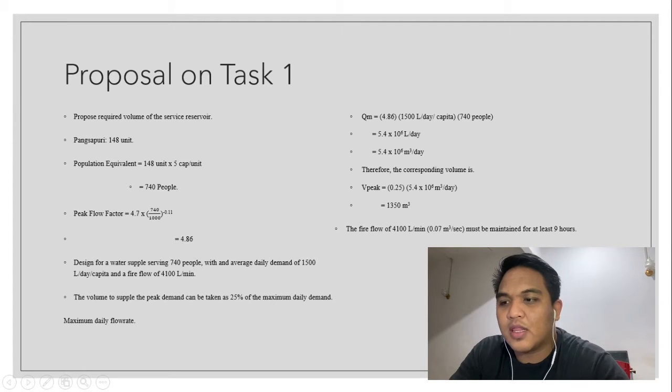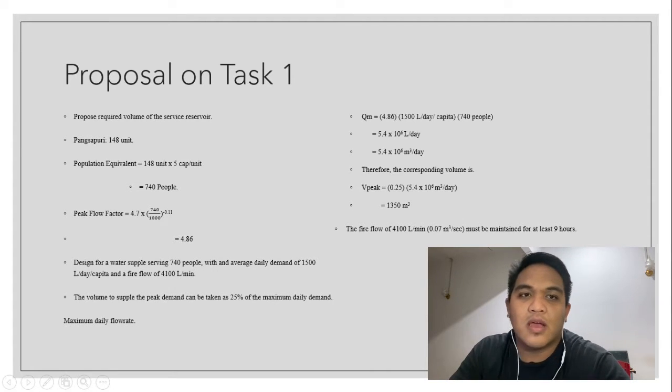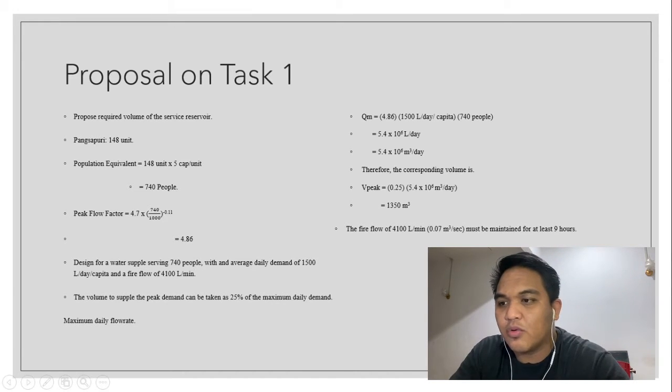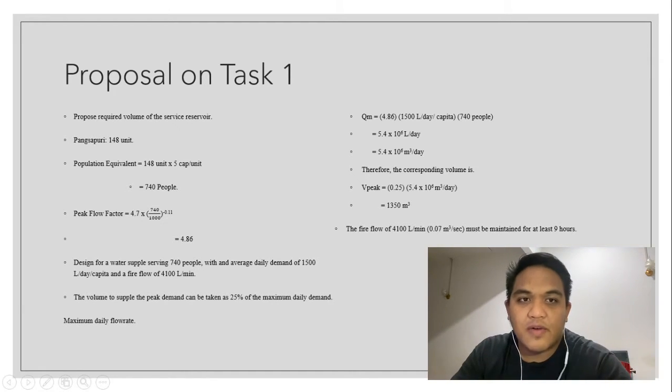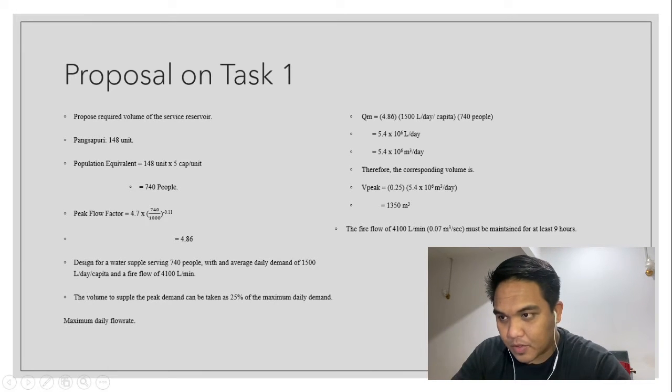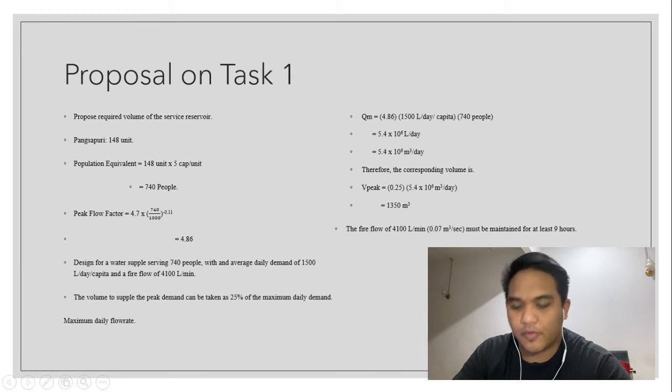Before we get the peak flow factor, we must find the population equivalent. First of all, we take 148 times 5 capita per unit, so we get 740 people for the population equivalent.